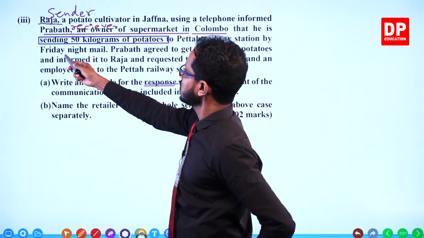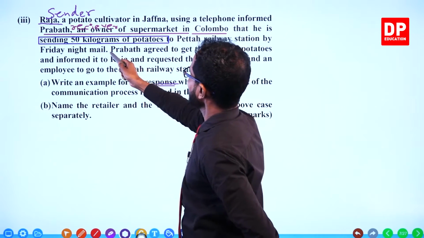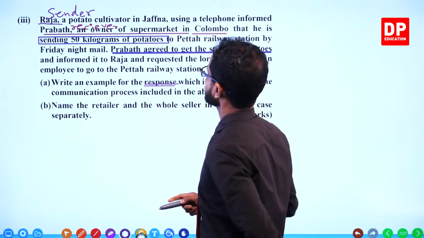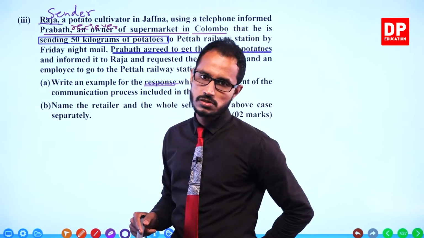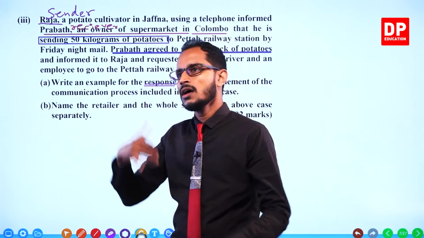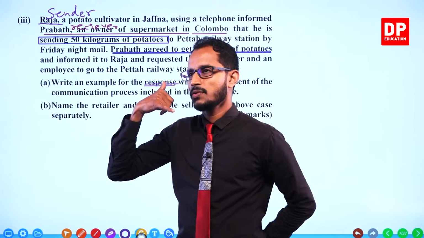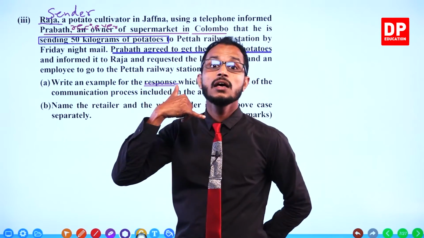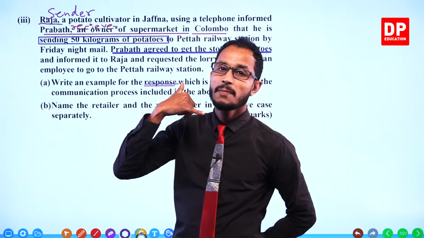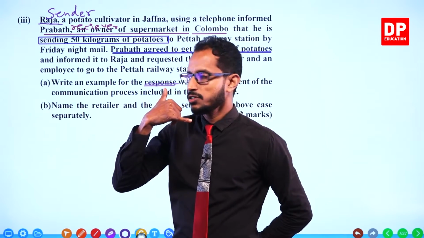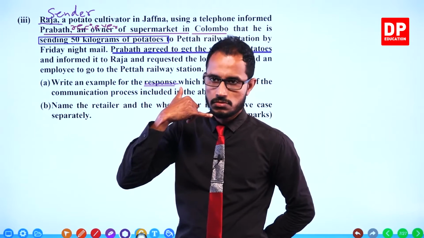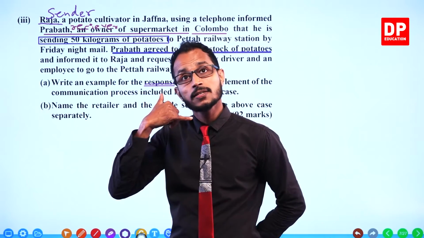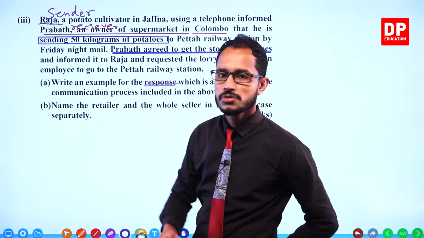And Prabhat agreeing to get the stock of potatoes. That is the response. Prabhat says, okay, right, Raja, you send the potatoes in the Friday night mail. All right, Raja, no problem. You send the 50 kilograms. Right. That is the response.